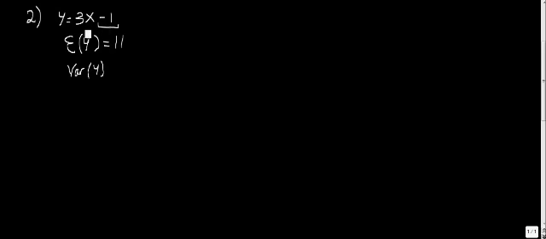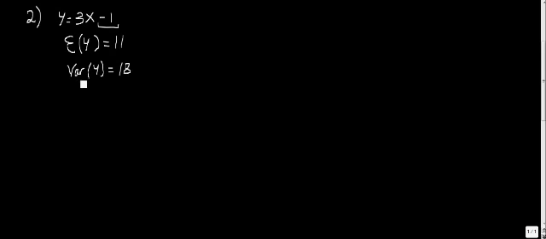It only changes with this 3x bit, because we're multiplying by a number, so it's a scale change, if you like. So to find the variance of y, we take the coefficient, square it, and then multiply. So we do 3 squared by the variance of x, and we end up with 18.